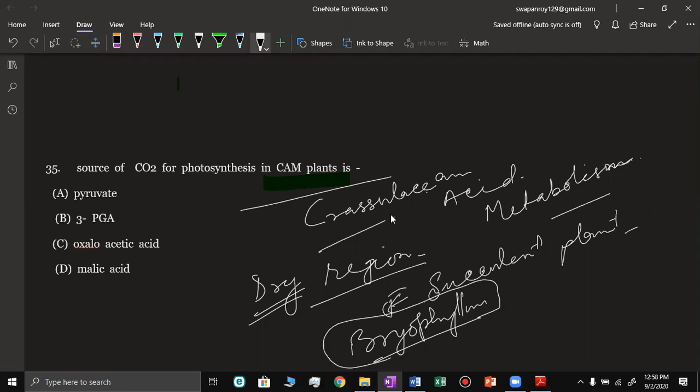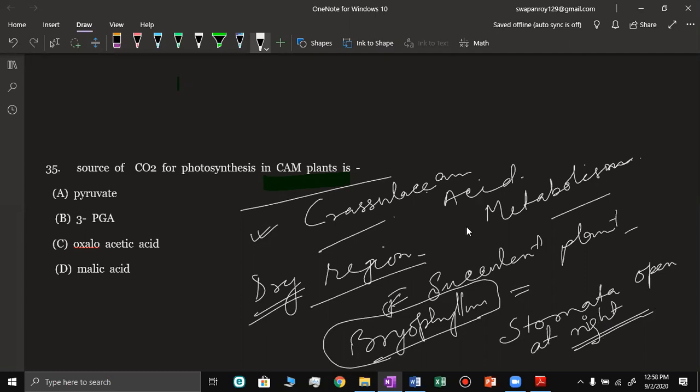This shows another type of adaptation. In these also a more or less C4-like cycle operates, but for high temperature adaptation these plants do not open their stomata during the day. They open their stomata at night. But photosynthesis requires daylight.